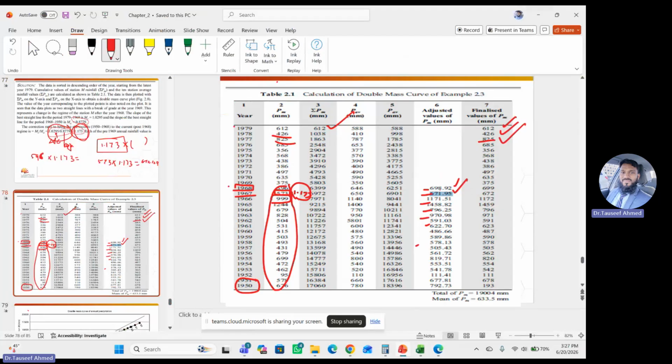Now when they reach here, 698.92, they round the figure. 698.92, they say 699. Similarly, for other values they round the figure.